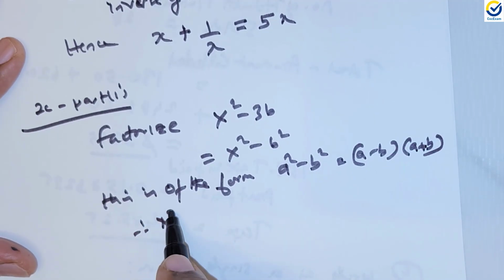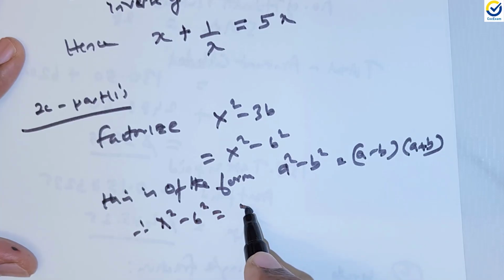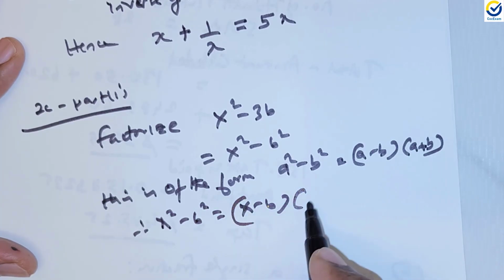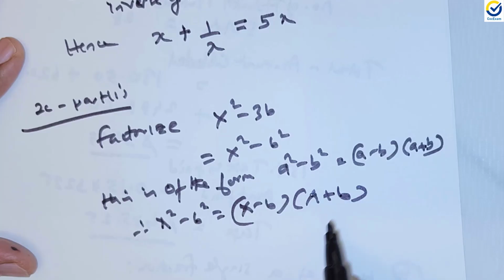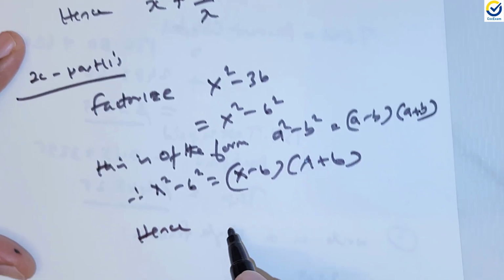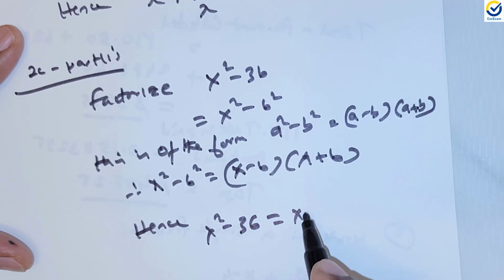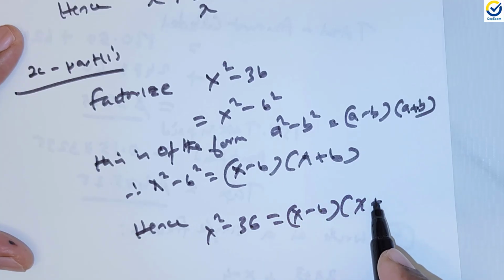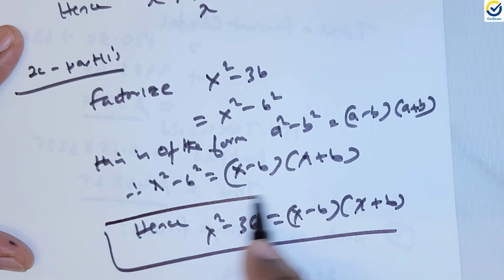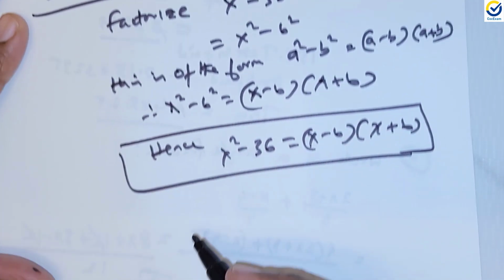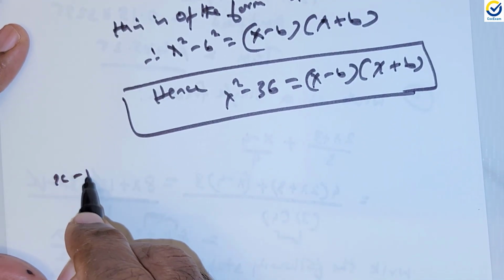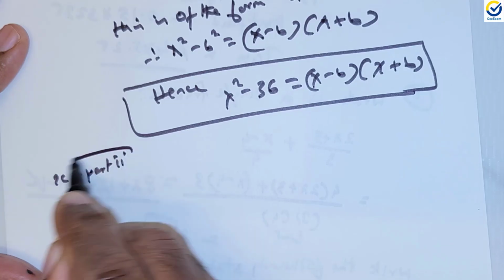So x squared - 6 squared is (x - 6) multiplied with (x + 6). Hence the factorization for x squared - 36 is (x - 6)(x + 6). So that is the solution. You can box it.